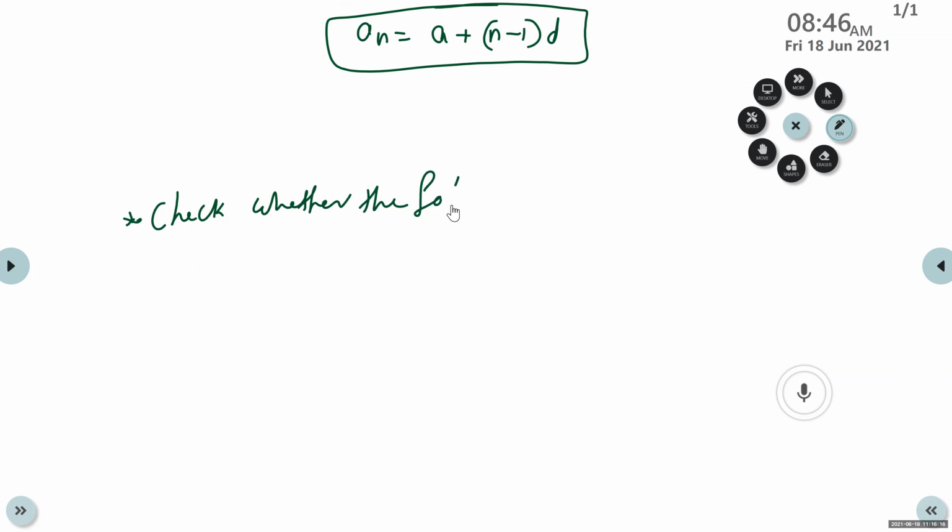Ma'am, our question was to find the common difference of the following AP, the third one. We are doing up to there. Okay, now next question, the fourth one. Check whether the following are AP.